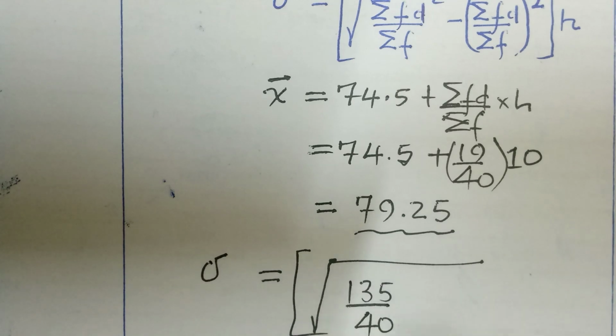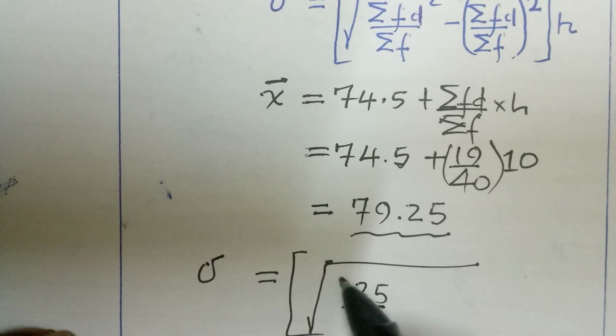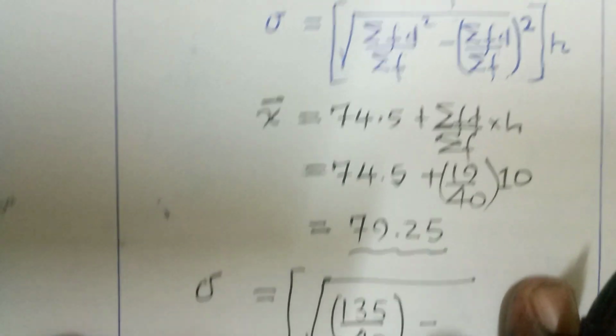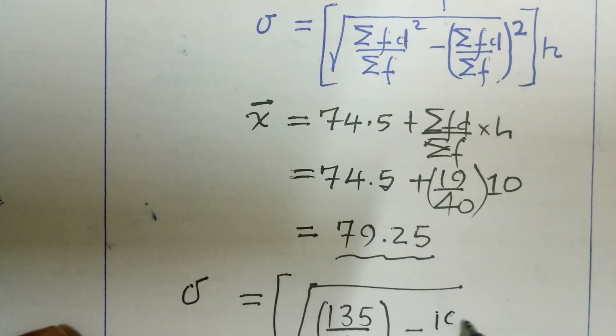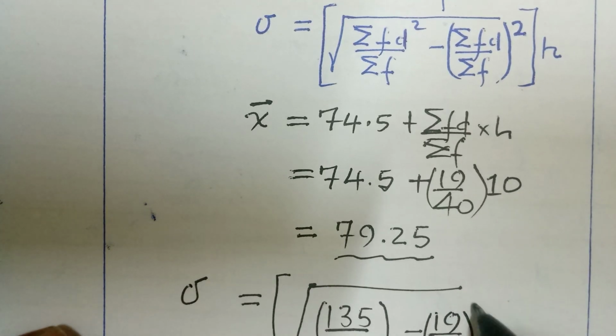And this one is supposed to be like that, minus, here we have the fd, which is 19, divided by 40 again, and this one is now squared.